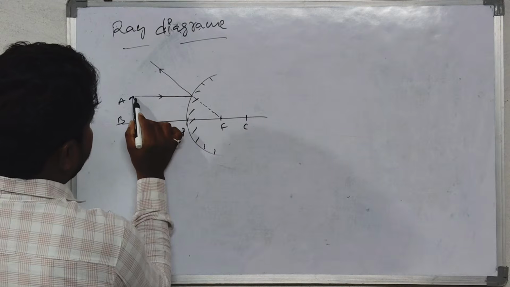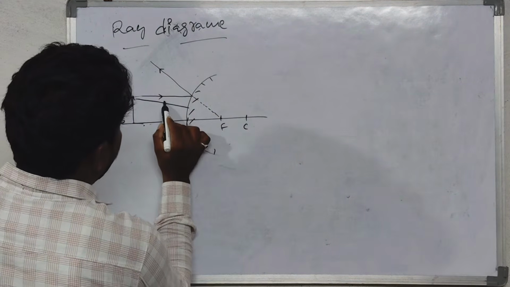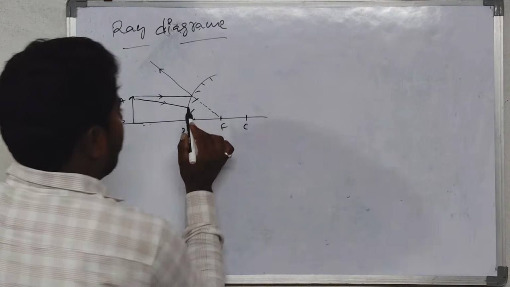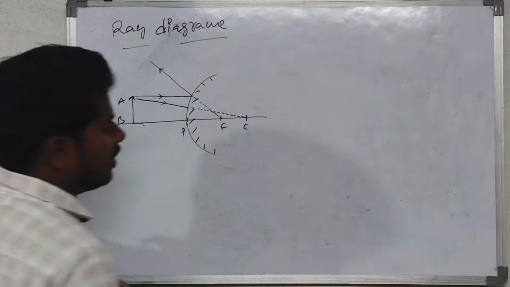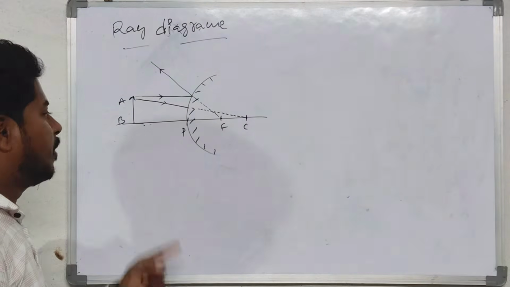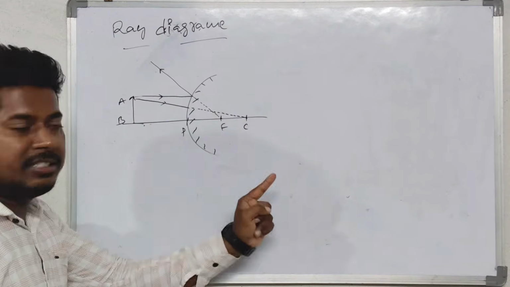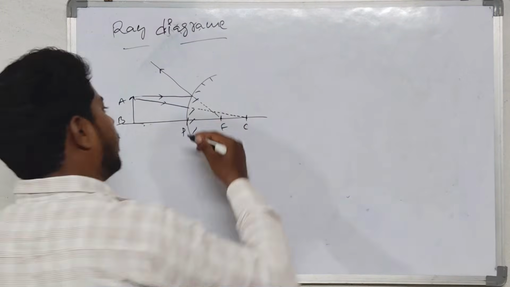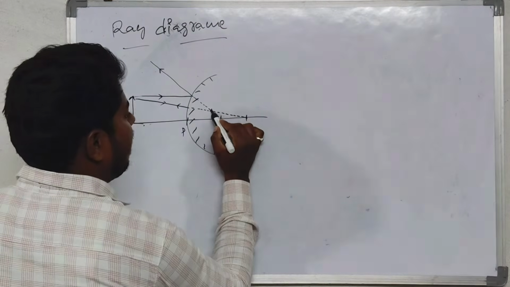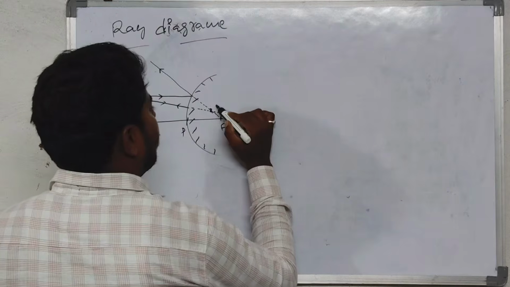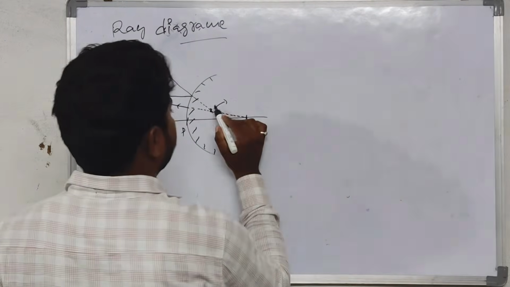From the object, your incident ray goes towards the mirror, and if you extend it like this, it touches the center of curvature. Your incident ray appears to pass through the center of curvature, so it gets reflected back along the same path. Where the dotted lines intersect, that point is your image location.